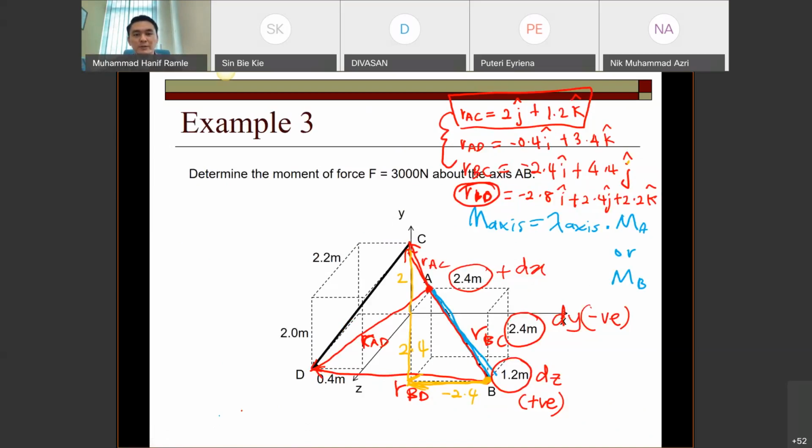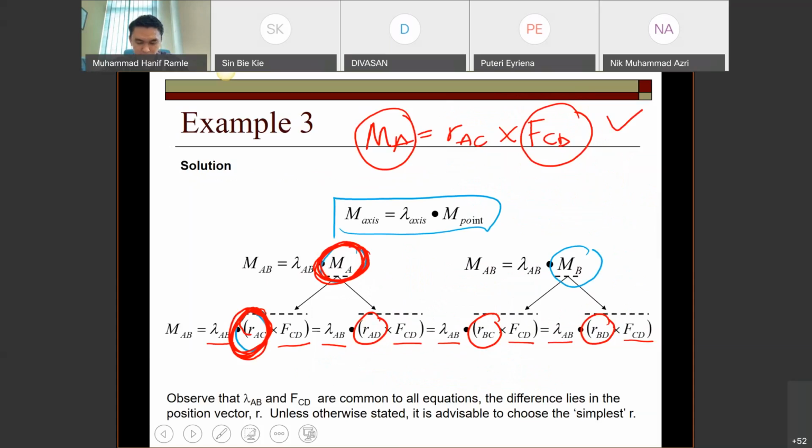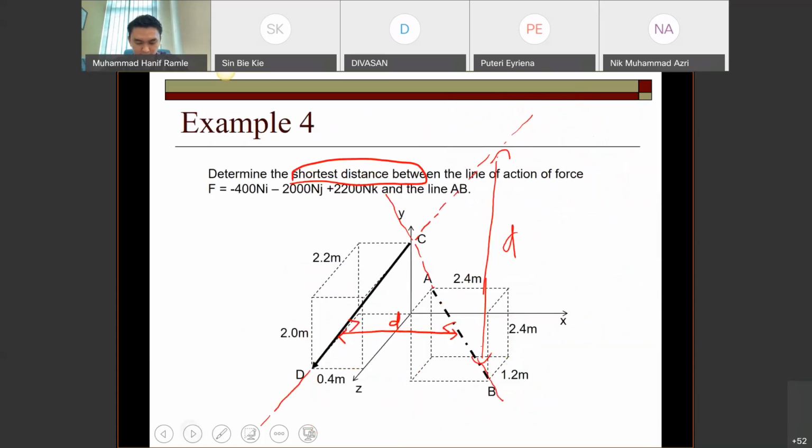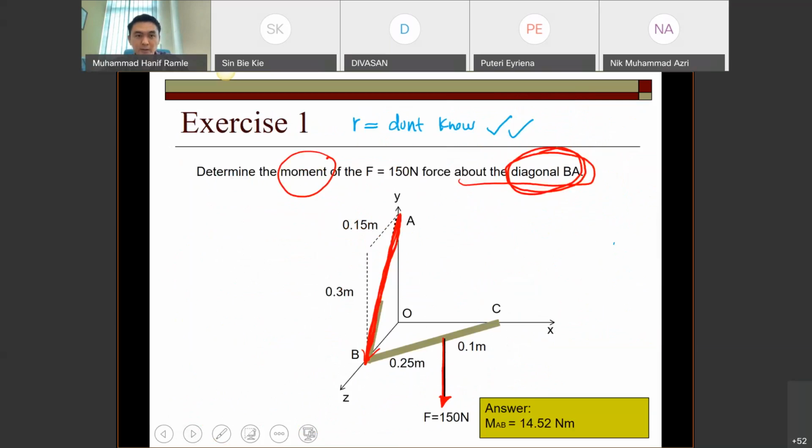From this exercise, we do have RAC from A to C, and then from A to D, RAD, and then another point on the axis, B to C, and then B to D. So the R should be from the axis to the force.